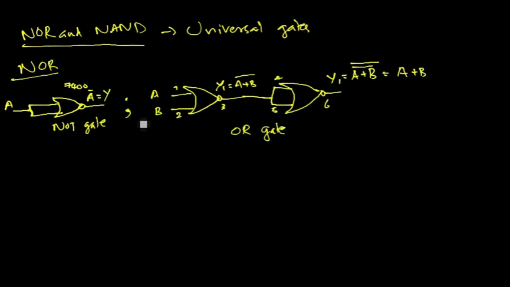So using a single NOR gate, we can form a NOT gate by shorting the two inputs. Using two NOR gates, we can form an OR gate.